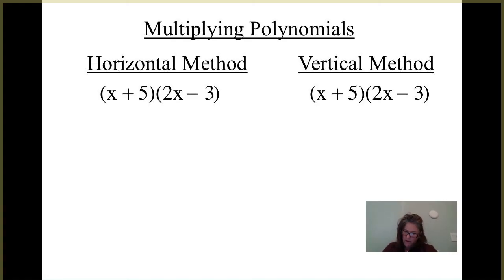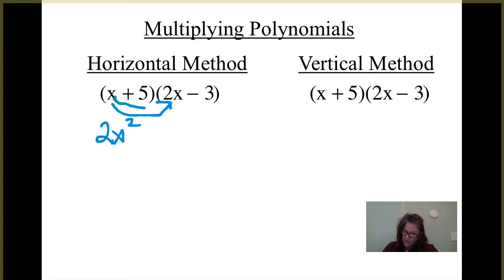Alright, so when I'm multiplying the quantity of x plus 5 times 2x minus 3, I'm basically double distributing. I multiply x times 2x, and I end up with 2x squared.